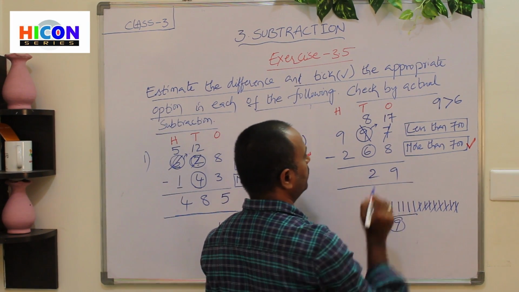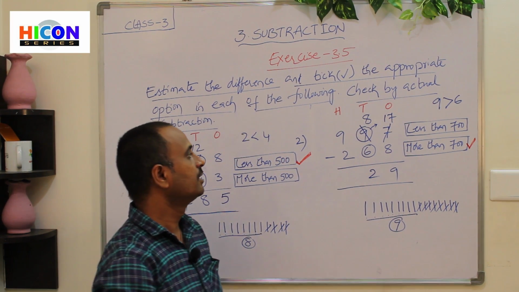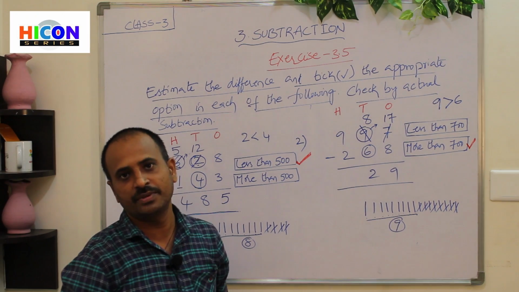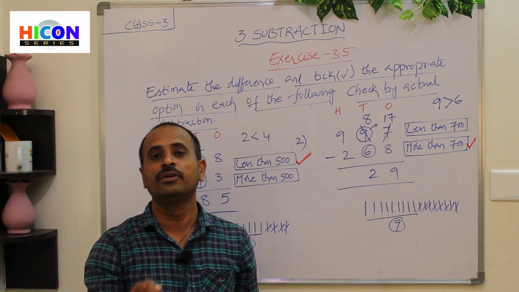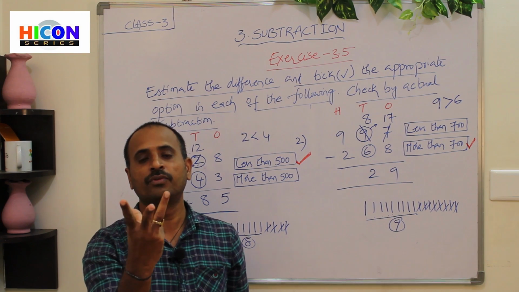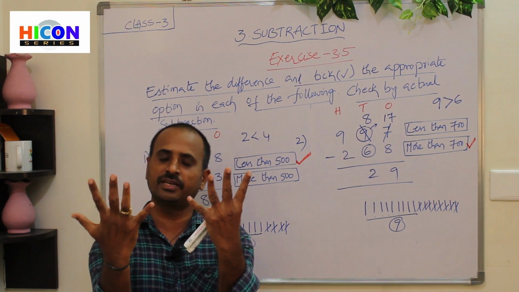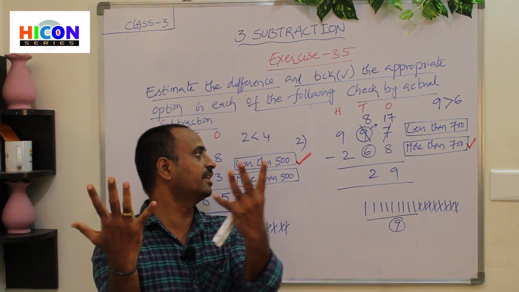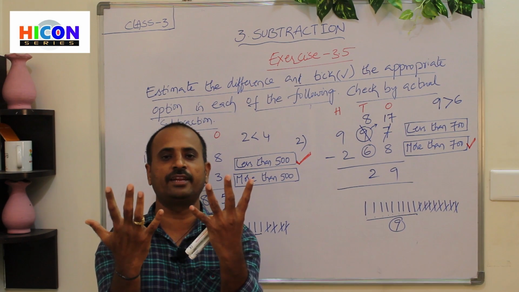So write 2 here. Next, go to the hundreds place. What are the digits in the hundreds place? 9 and 2. What is the first number? 9. So open 9 fingers of your hand. 1 to 9. What is the second number in the hundreds place? 2. So close 2 fingers among these 9 fingers.